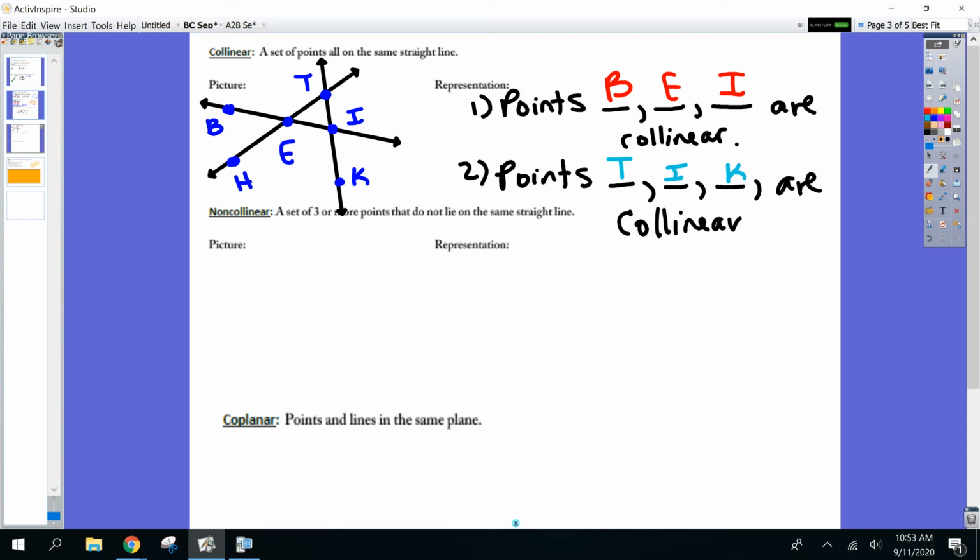Okay, so everyone have not collinear down. Collinear is points that are on the same line. If I have collinear, I have non-collinear, which are points not on the same line. So instead of drawing a new picture, just use same as above. And I'll ask the same question, but now give me points that are non-collinear.